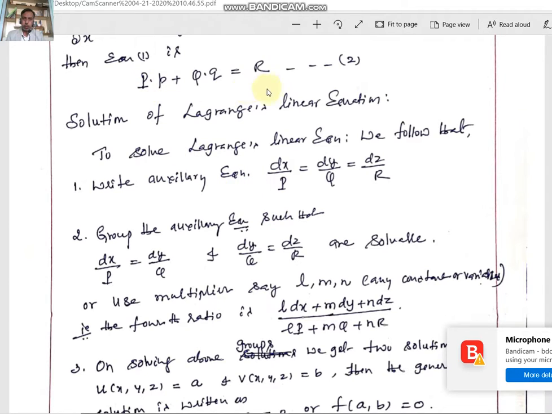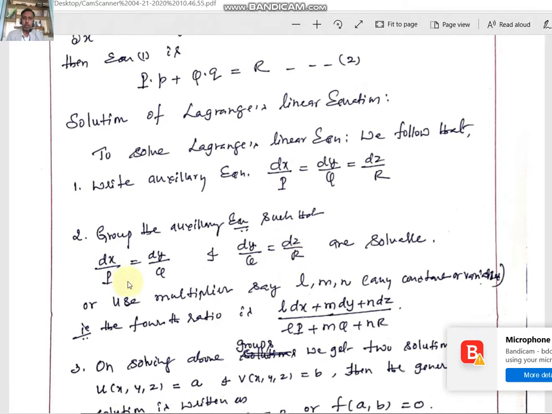For this kind of Lagrange's linear equation, P p plus Q q is equal to R, we write one auxiliary equation given by dx by P is equal to dy by Q is equal to dz by R. These are some ratios, and together they are called the auxiliary equations. Now these ratios will be grouped in two types of groups, that is, dx by P is equal to dy by Q and dy by Q is equal to dz by R.